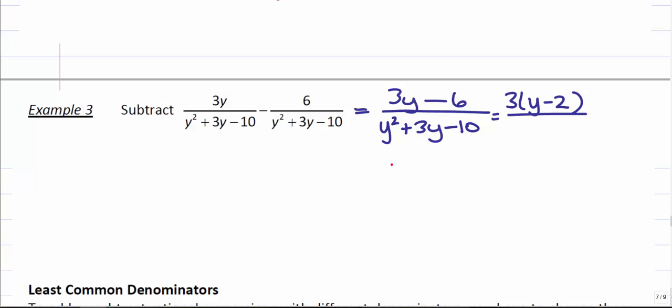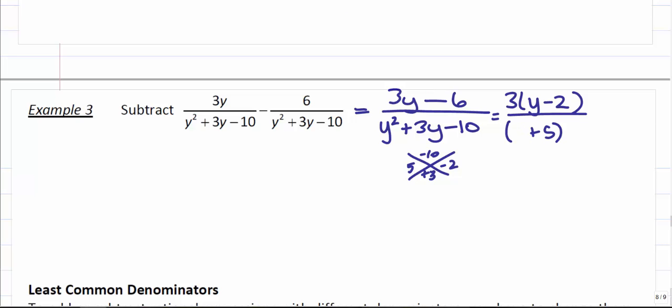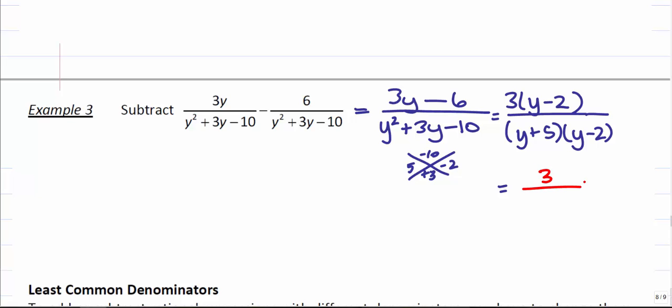Well, the two numbers that multiply to negative 10 and add up to 3 would be 5 and negative 2. So that would be x plus 5. Oh, where's x coming from? Oh my gosh, I have to watch myself about that. Y plus 5, y minus 2. And so now the y minus 2's will divide out, leaving me with 3 divided by y plus 5.